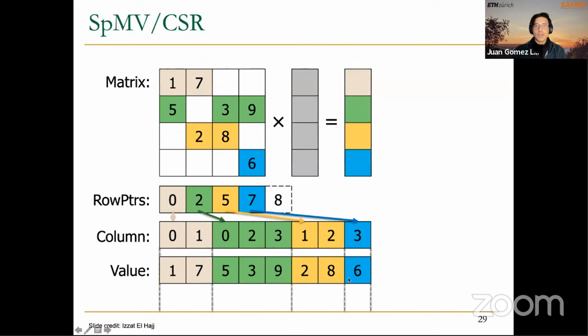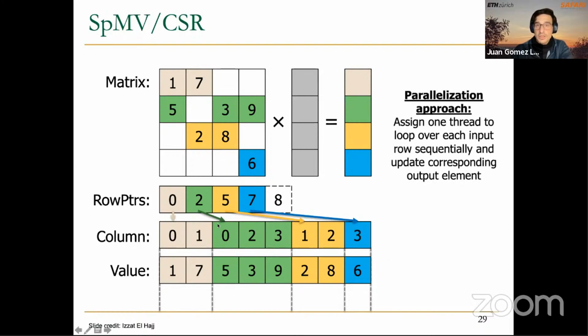Now let's think about how to implement the SpMV operation using the CSR format. The parallelization approach is to assign one thread to a whole row. The good thing with respect to COO is that we don't need atomic operations anymore. Why?